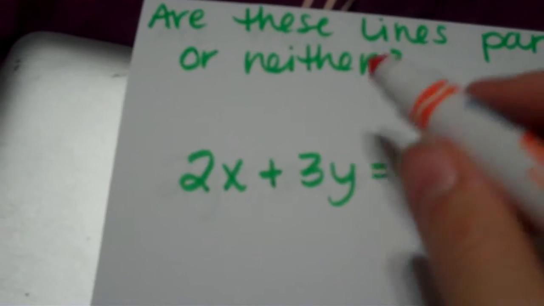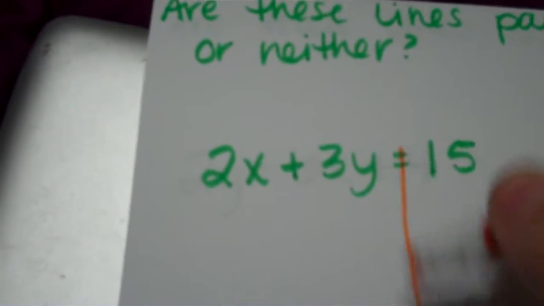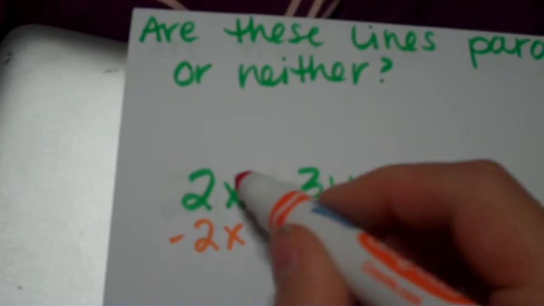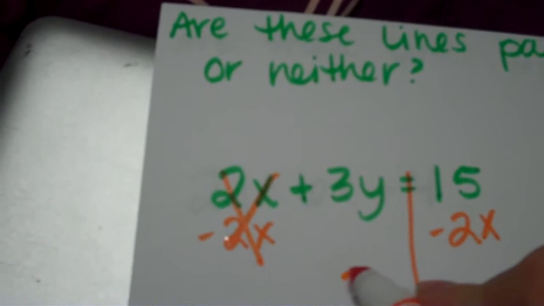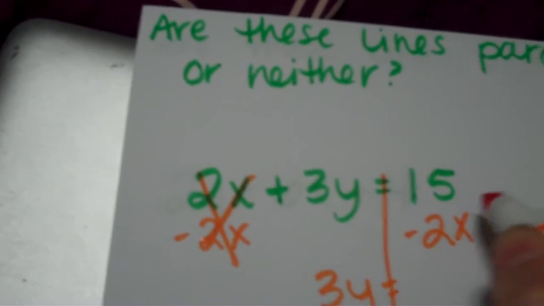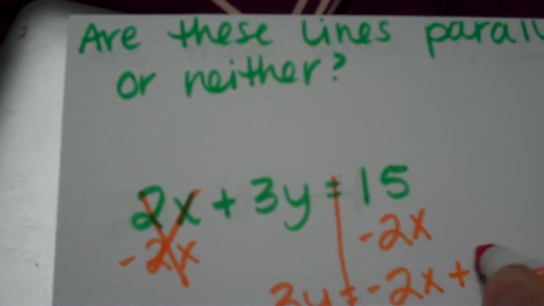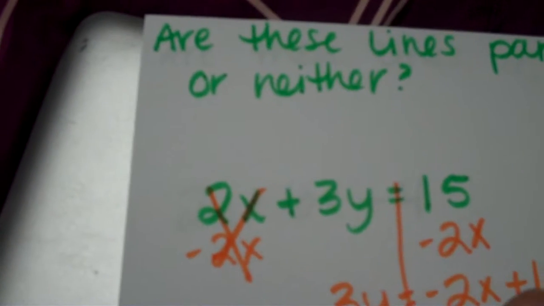Okay, so these are not solved for y, so I need to solve them. I need to draw my line. The opposite of positive 2x is negative 2x. Alright, these go away. You're left with a positive 3y equals, and that's negative 2x plus 15. And then you divide by positive 3.